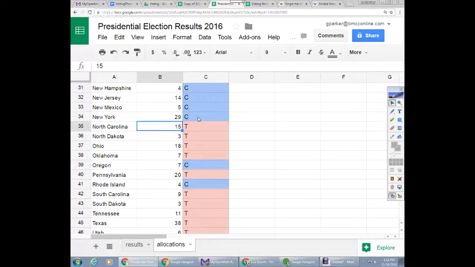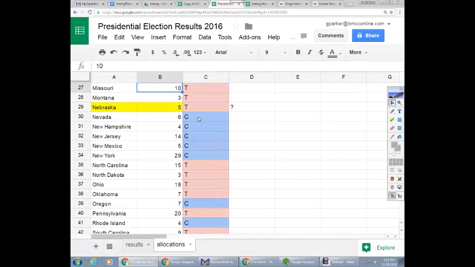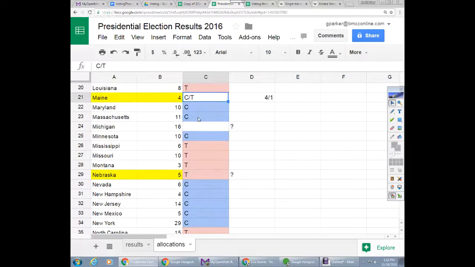Not all states have a winner-take-all policy, and that's changed over time. I thought Nebraska did not have a winner-take-all policy, so I have a question mark there, and that the votes are supposed to be dished out proportionally based on the popular vote. But that didn't happen in the data I saw, so I need to research that. I'm confused about that. Maine does have a proportional give-out.